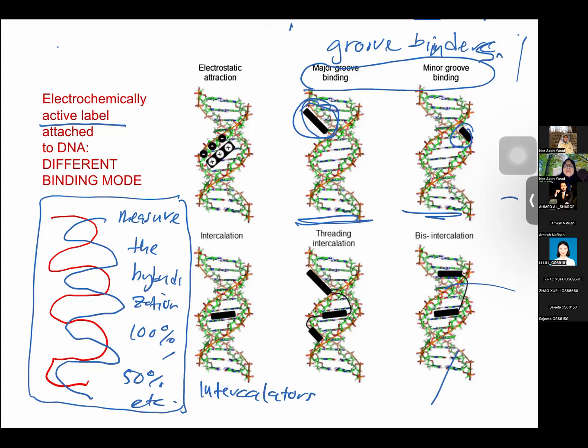But if we have less hybridization, meaning that less groove binders attached to the double helix DNA, that is translated as well into current. So more groove binders, more current, less groove binders, less current. So that will be the groove binders based indicator.